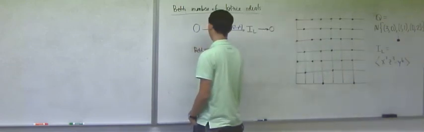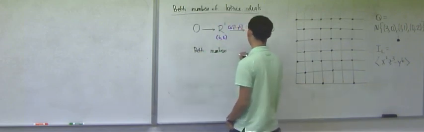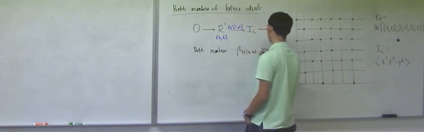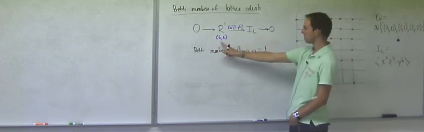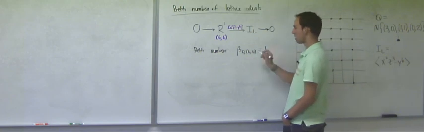So the Betti numbers are that in degree 0, I have one thing. So in step 0, I have one generator of degree 6, 6, and all the other ones are 0.